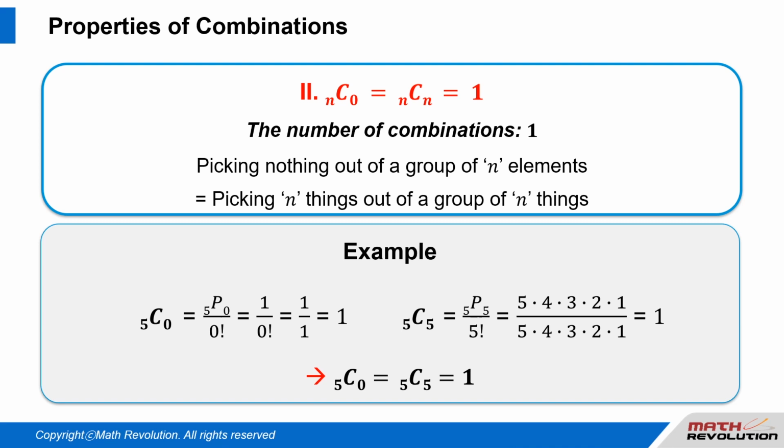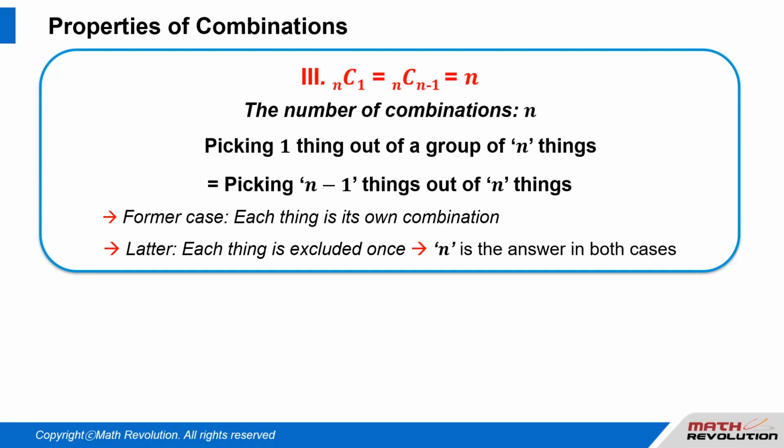And 5 choose 5 as 5p5 over 5 factorial, which is equal to 5 times 4 times 3 times 2 times 1 over 5 factorial, which is equal to 5 times 4 times 3 times 2 times 1 over 5 times 4 times 3 times 2 times 1, which is equal to 1. Therefore, 5 choose 0 is equal to 5 choose 5 is equal to 1.